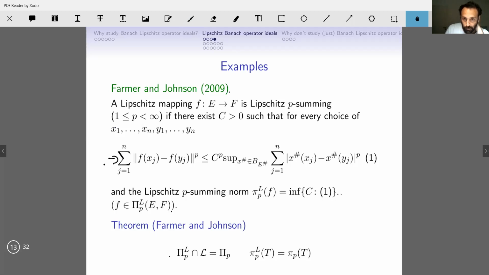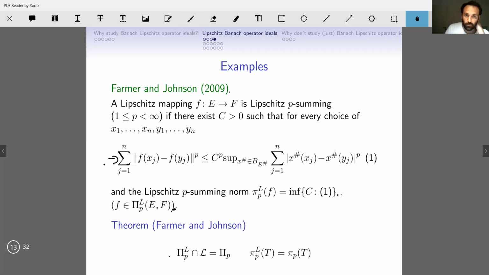Here, the x* belongs to the ball of the Lipschitz dual. And also, we can define the Lipschitz p-summing norm. The Lipschitz p-summing mappings from E to F will be denoted by pi p sup L.